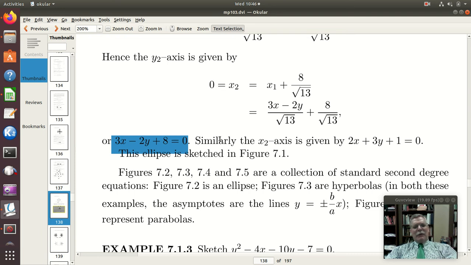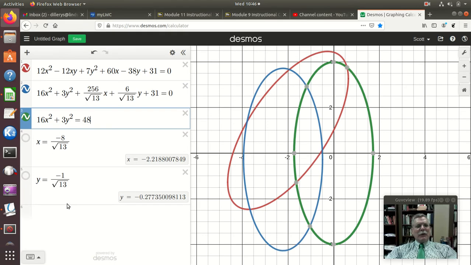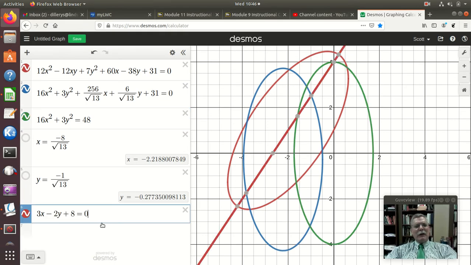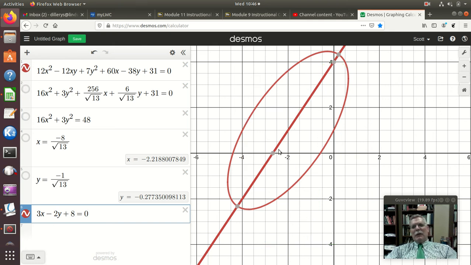Okay, now that's defined implicitly. I don't know how well this will paste, but that's defined implicitly. Desmos doesn't care if it's defined implicitly. There we go. And let's turn off these other things, and you see, yep, that is indeed the axis.